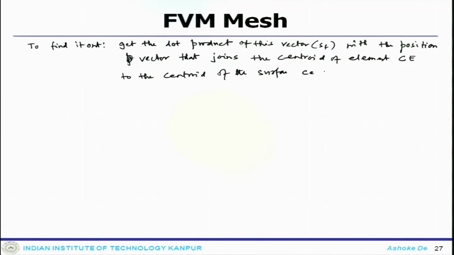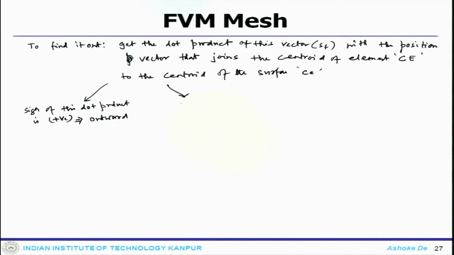Okay. So, once you do that, if the sign of this dot product is positive, that means the vector will be outward directed or outward pointed.